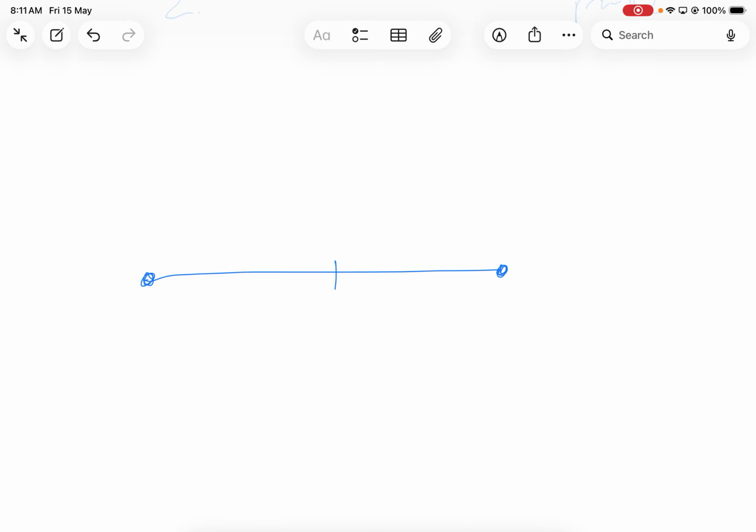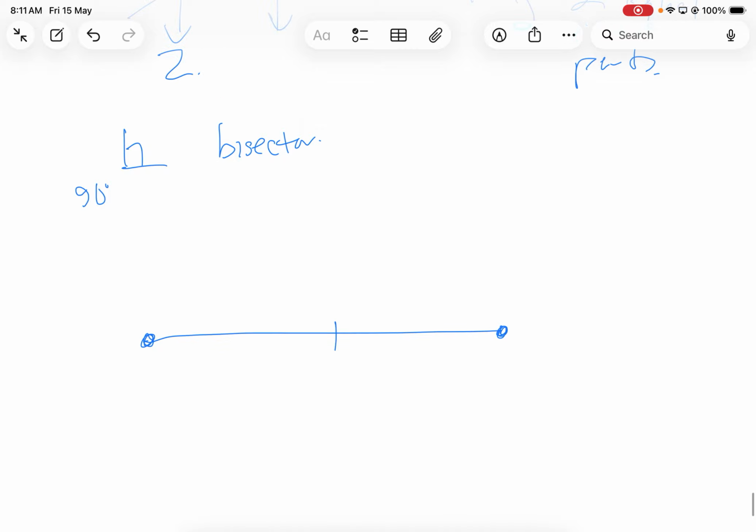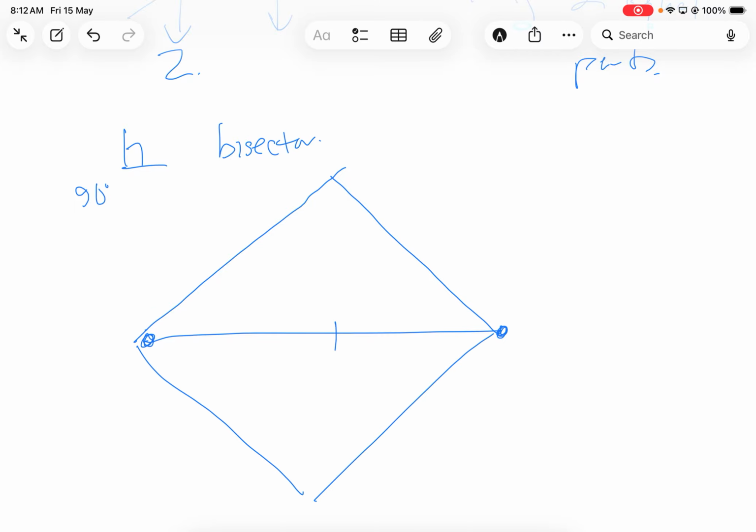So the only way to draw a bisector or a perpendicular bisector, perpendicular means 90 degrees, is to try to construct a rhombus. Then if I have a rhombus and join these two points together, it will bisect this into 2 equal parts and it will be 90 degrees.